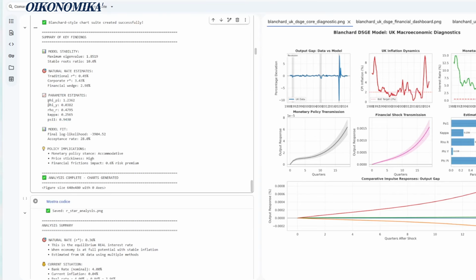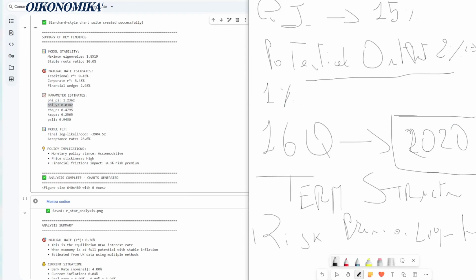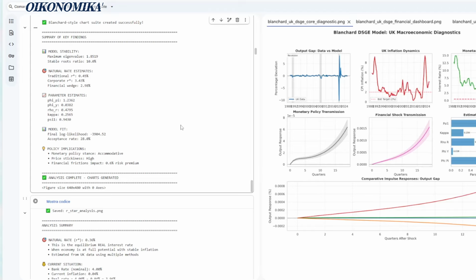Here, the parameter that defines the Bank of England monetary policy reaction to inflation is even higher, 1.23. So they are very aggressive towards inflation. They are way less so for GDP. It's 0.03. So they don't really care about the output gap.